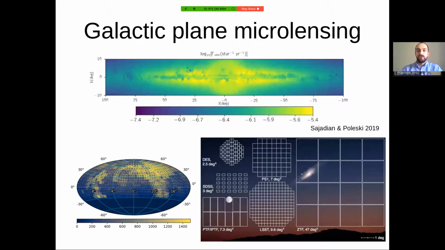ZTF, thanks to its huge camera, huge field of view of 47 square degrees, is capable of observing the entire plane with a relatively high cadence of 2 to 3 days. So this is an ideal data set to try to search for gravitational microlensing events.